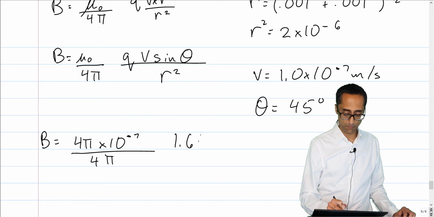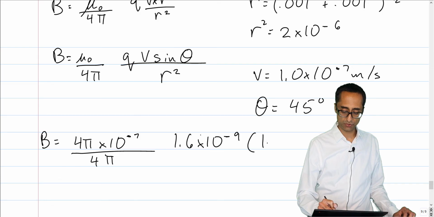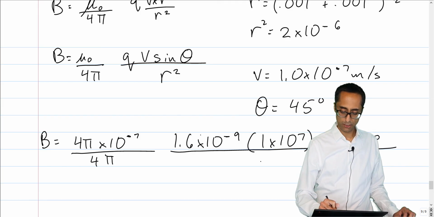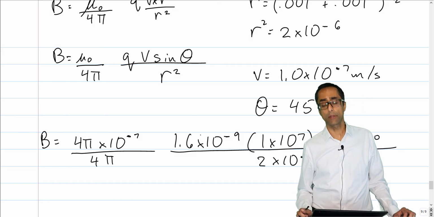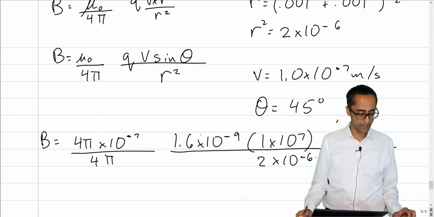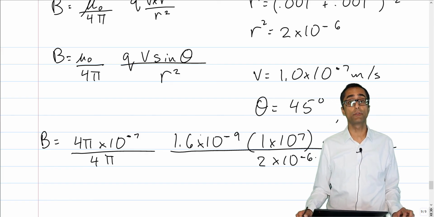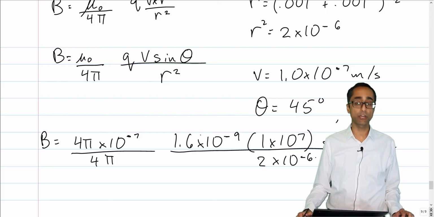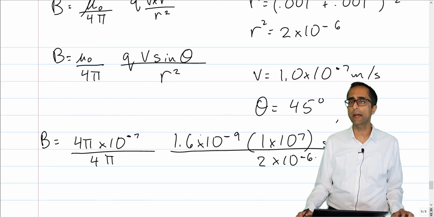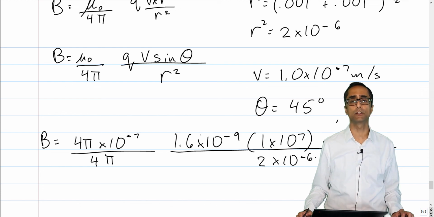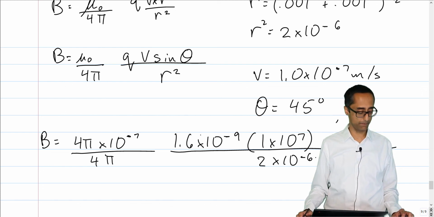So we've got 1.6 times 10 to the minus 19 multiplied by our velocity, 1 times 10 to the 7, sine of 45 degrees, all divided by 2 times 10 to the minus 6. Okay, if at this point you haven't calculated yet, I'd pause the video, make sure you get a value, and then check with me. And while it's paused, why don't you try to calculate what the direction of the magnetic field at P is as well.